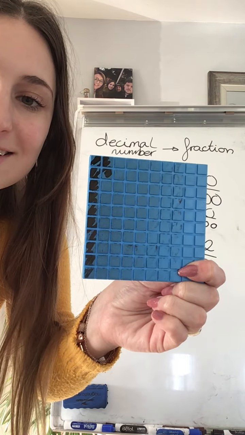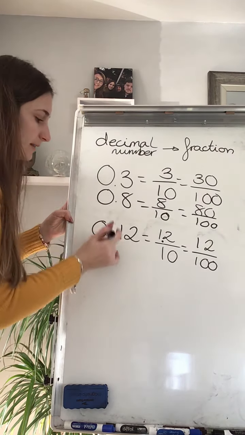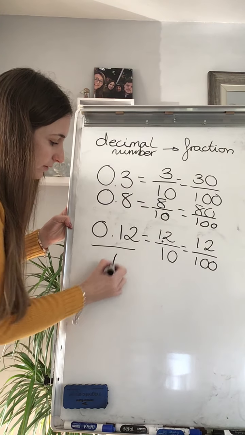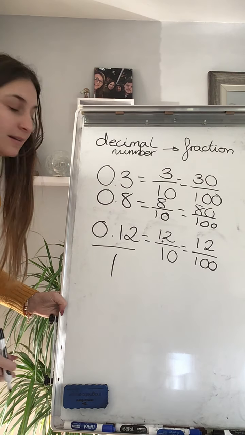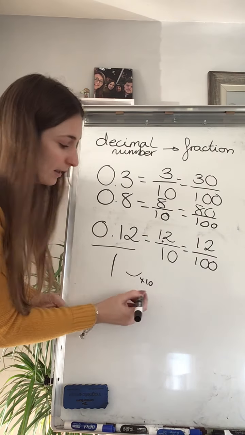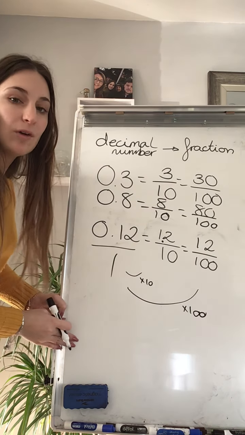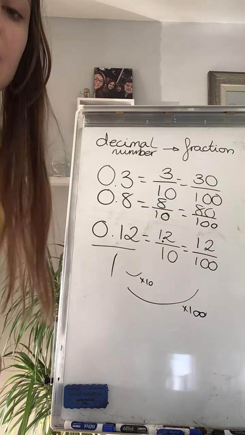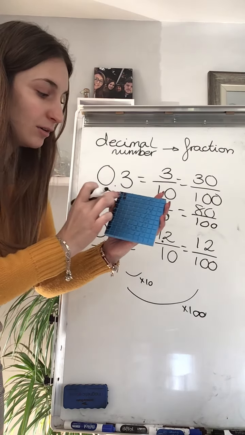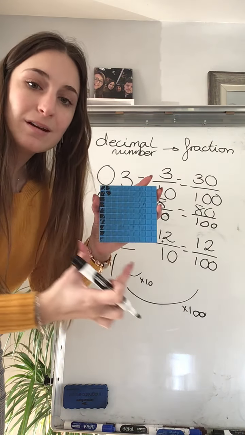Okay, can you see it? So, all you need to look at is that this is out of 1, isn't it? So I'm timing it by 10 to make it out of 10, and I'm timing it by 100 to make it out of 100. So you need to see that this is only 0.12 out of one whole.